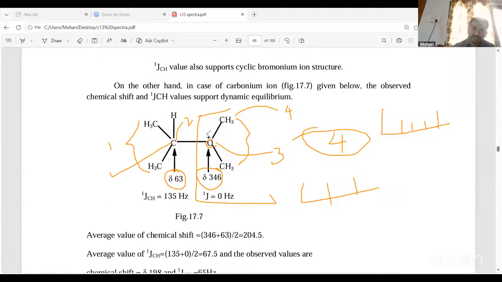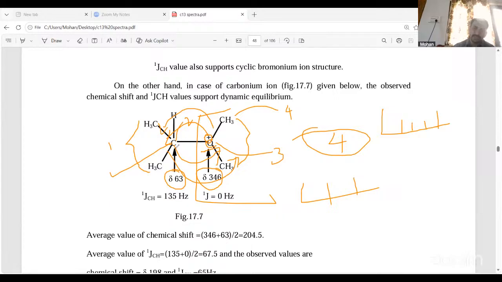That means this positive charge is shifting from this carbon to this carbon, or from here to here. So it is a continuous process where the shifting is taking place at equilibrium, right?